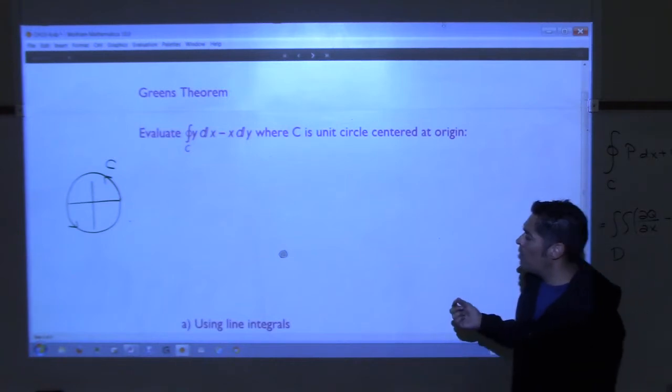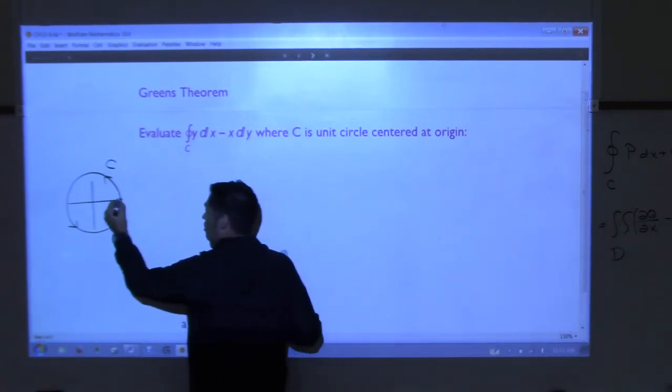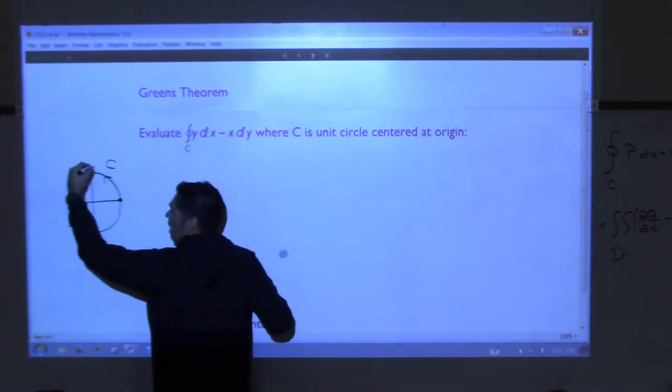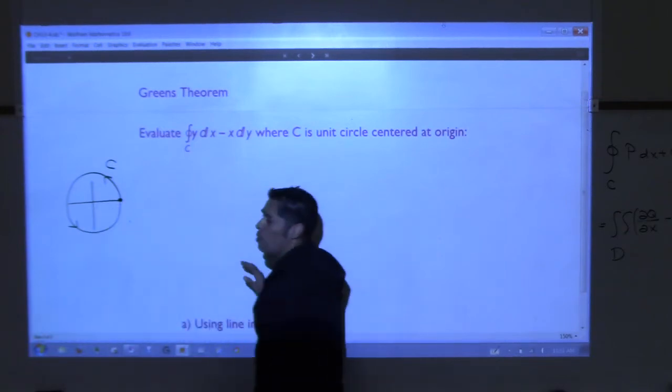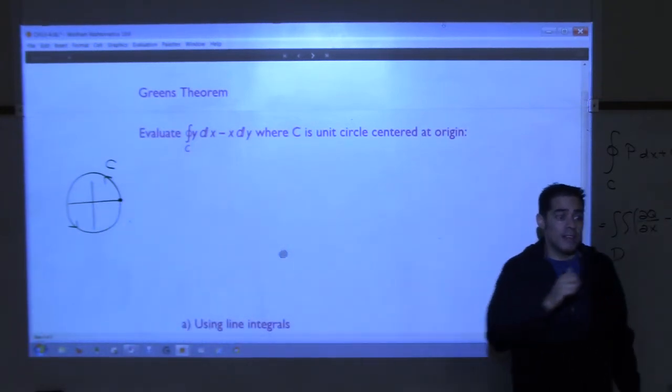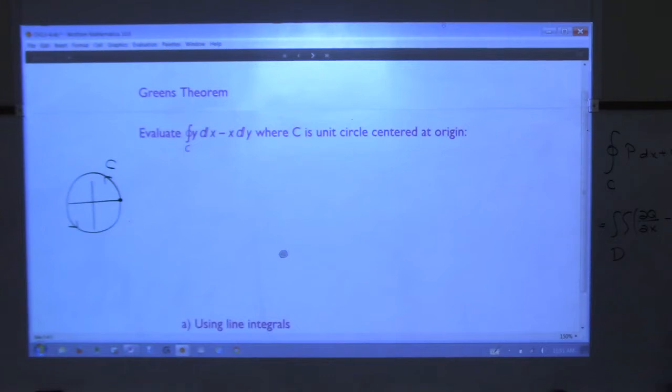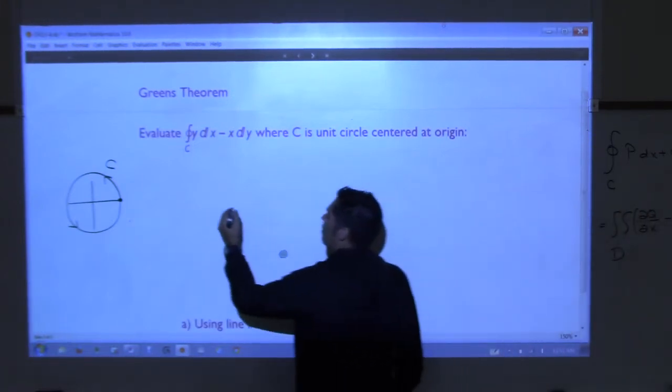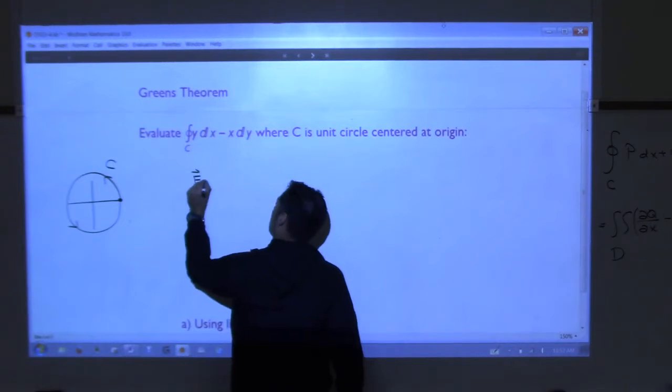So we want to imagine that we start at a point and move around this circle one time, moving through a vector field, and we're trying to calculate the work. Now, can anybody tell me what F is here?